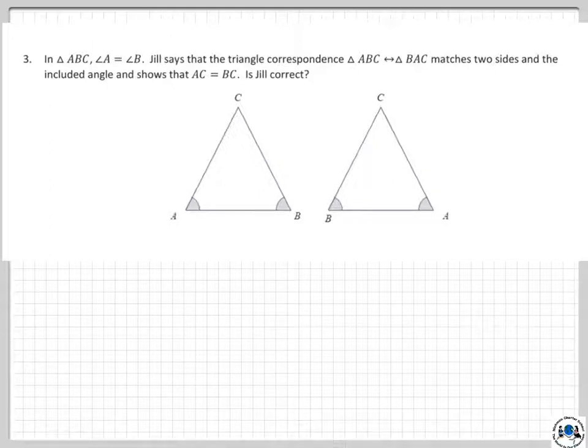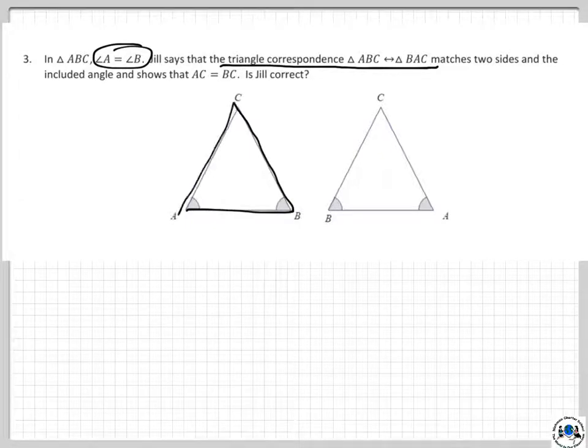Jill's pretty much given us all we need here. Again, she's told us about these two angles being equal. But she's also given us that triangle correspondence. So she's saying that ABC corresponds to BAC. Therefore, if that is the case, then we have identical triangles here.